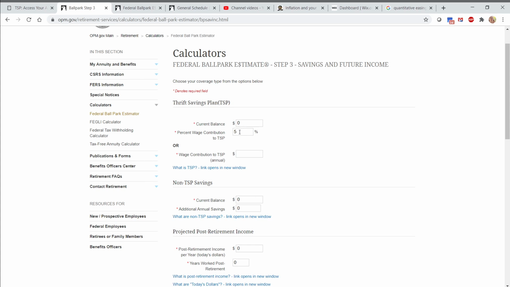If your Walmart employer will match you 3%, then you'd probably want to just put... Or sorry, you probably want to put, let's see, if you put 1 here, just put 3 actually. Just put 3, that'll work.